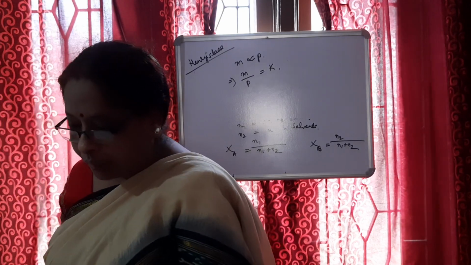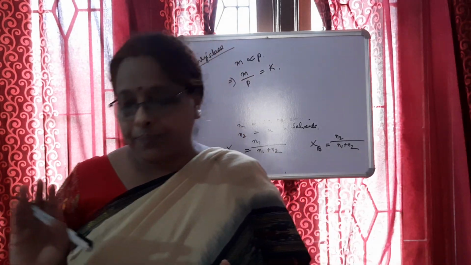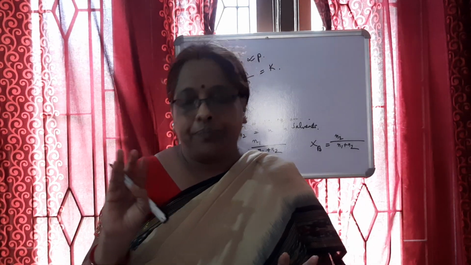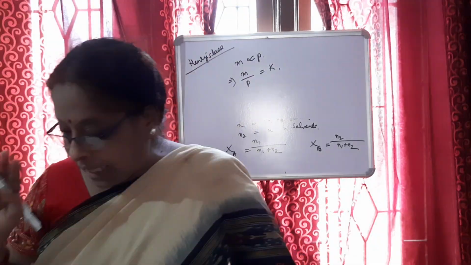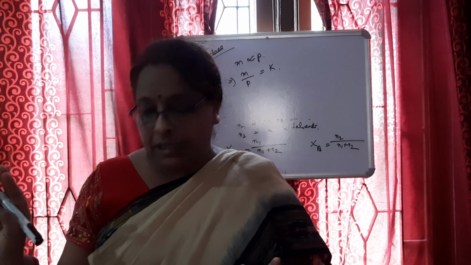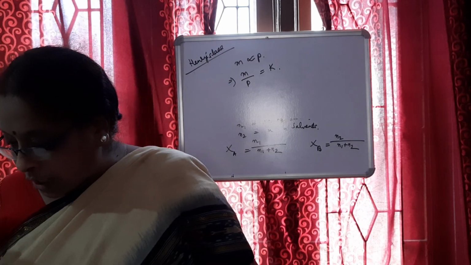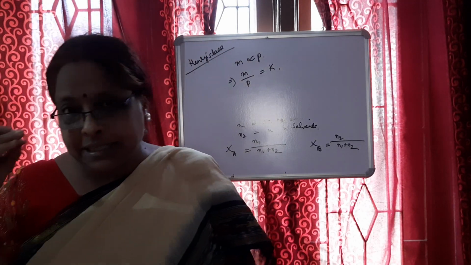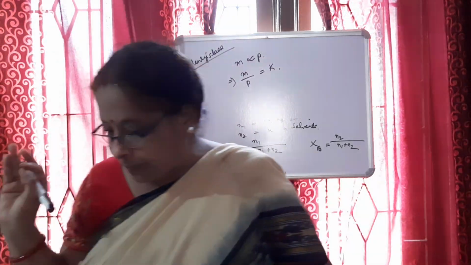Similarly, when a large number of gases dissolve in a given liquid, Henry's law is applicable to each of them separately. In such a way, the mass of each gas dissolved is directly proportional to its partial pressure.